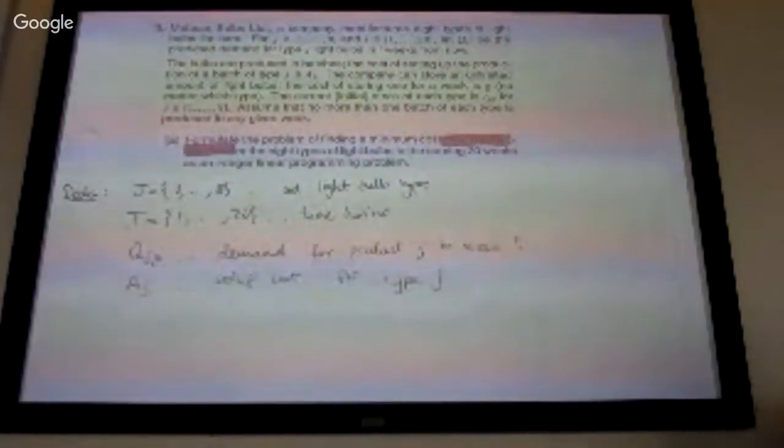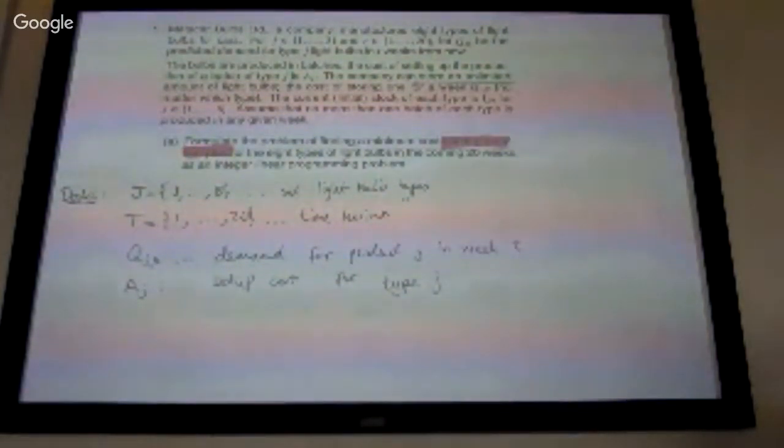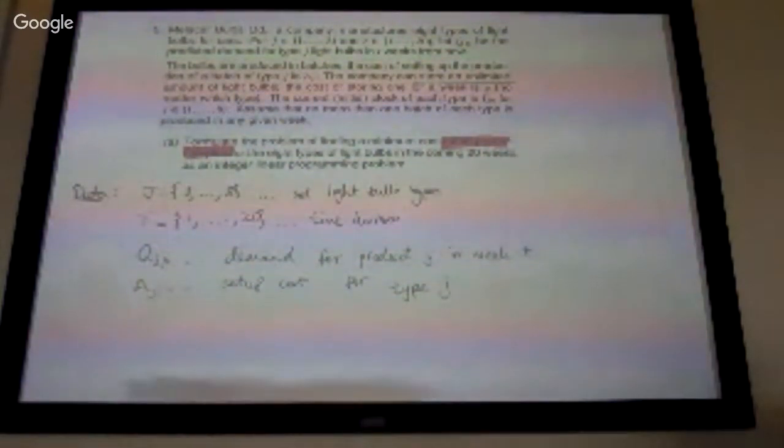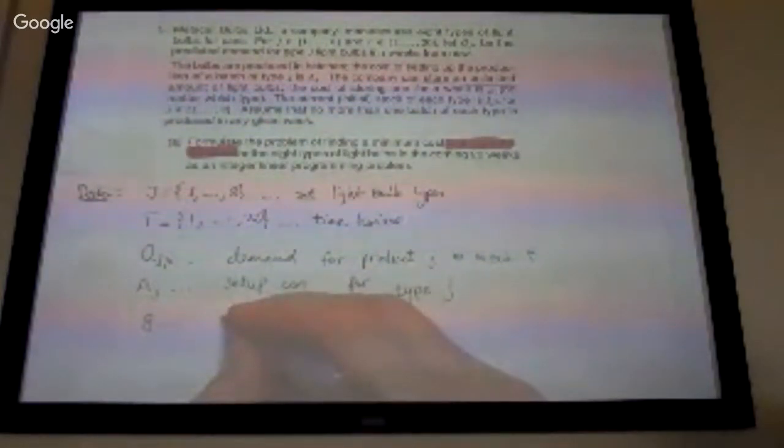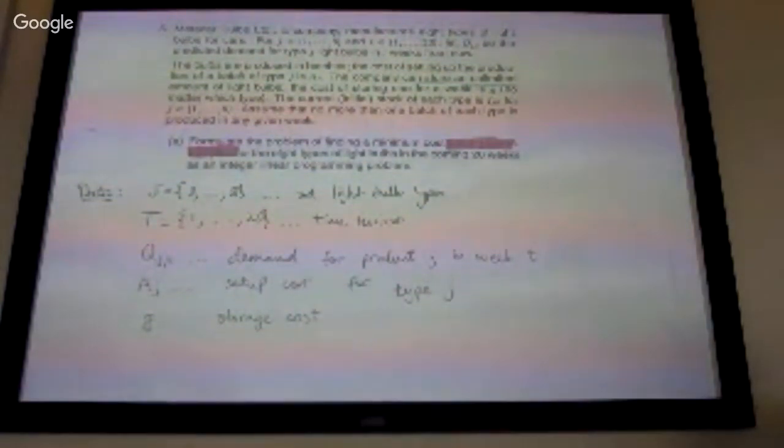It says that there's no limit on storing. Any amount can be stored, but there is a cost, which is G. Stock holding cost, if you like, storage cost, stock holding cost.